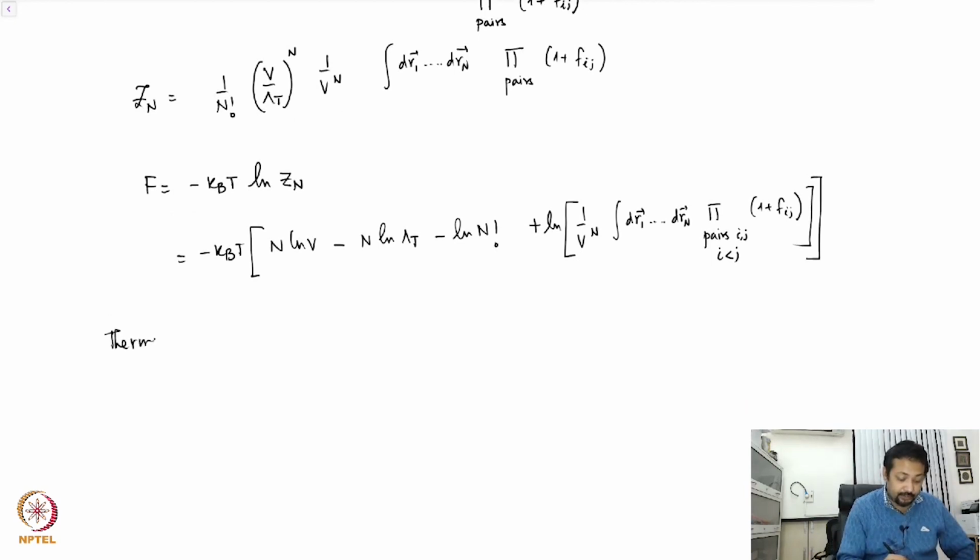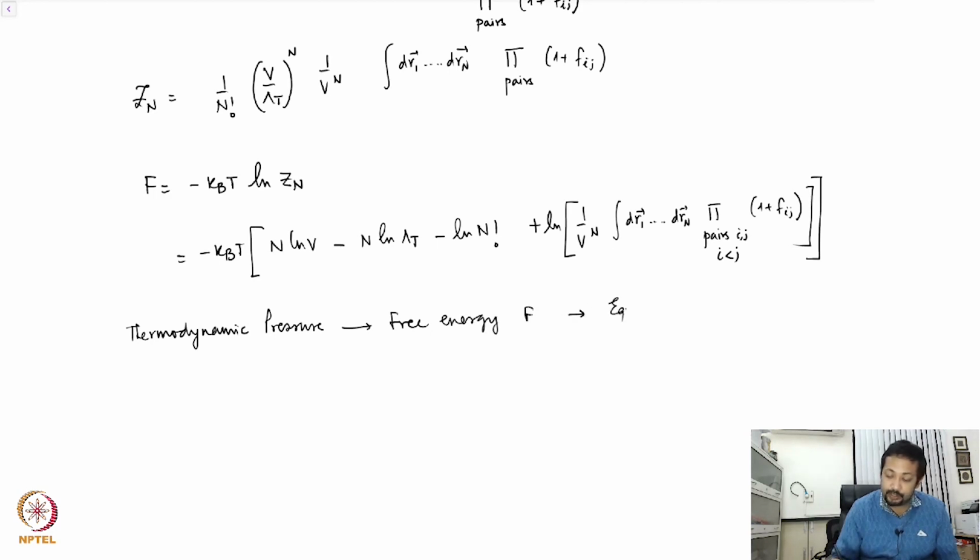Thermodynamic pressure. Our first interest is to calculate the thermodynamic pressure from the free energy F, because this gives me the equation of state, and that is what I am after.